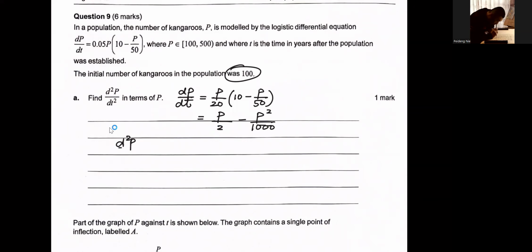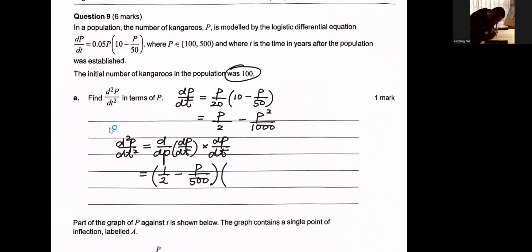So your d²P/dt² is going to be the first derivative, take the derivative with respect to P, multiplied by dP/dt, okay? So what you're going to get first is half P differentiated, half, minus 2P over 1,000, which is P over 500, okay?